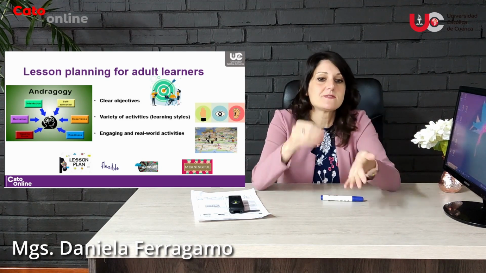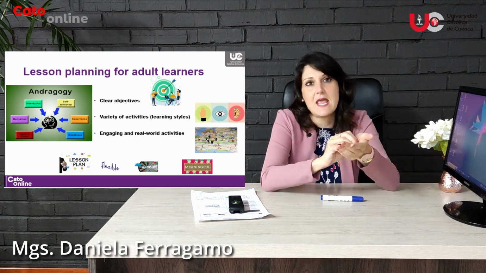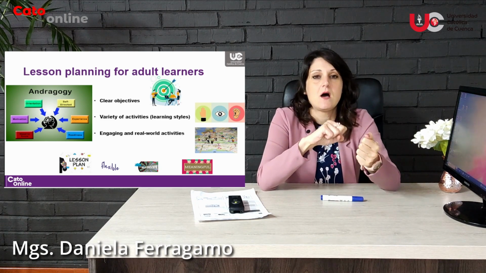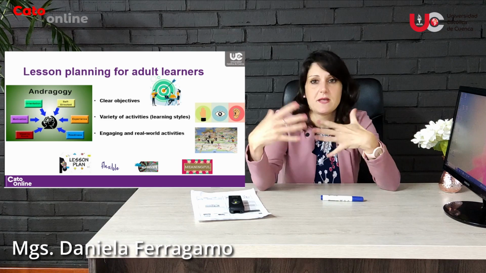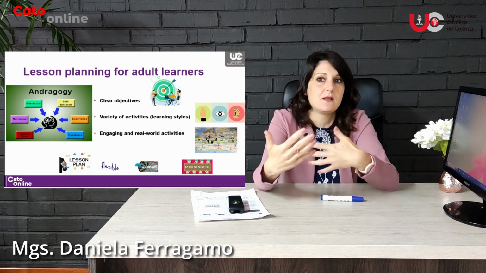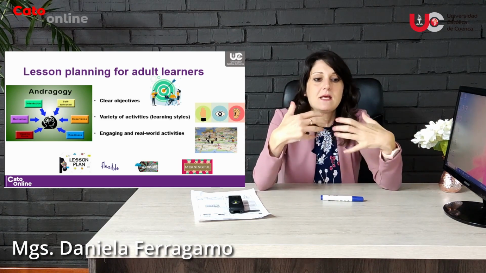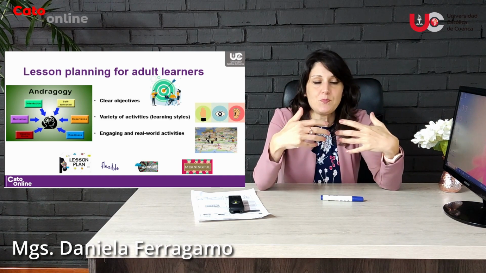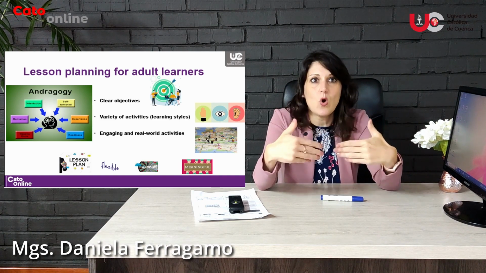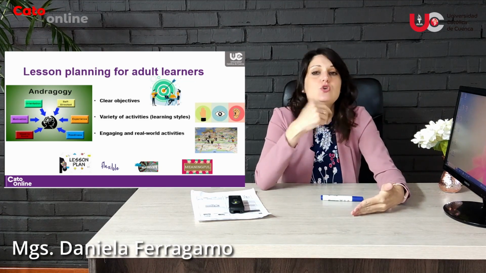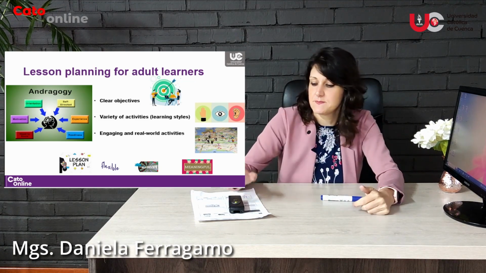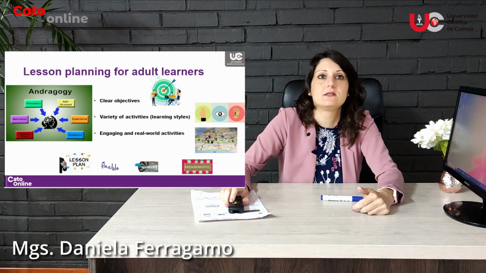Must be responsive, so have a specific aim, a specific purpose, and go directly to the point, to what our students need, and obviously meaningful. So have a meaning, so that what we teach has an immediate use in their daily lives. Okay, so let's continue.